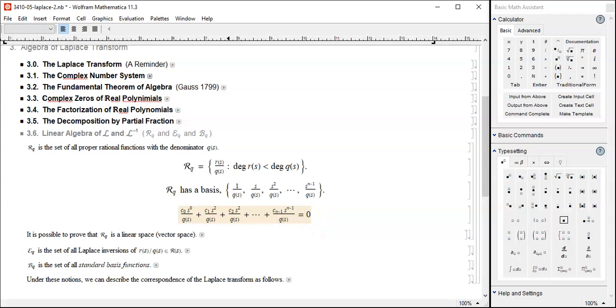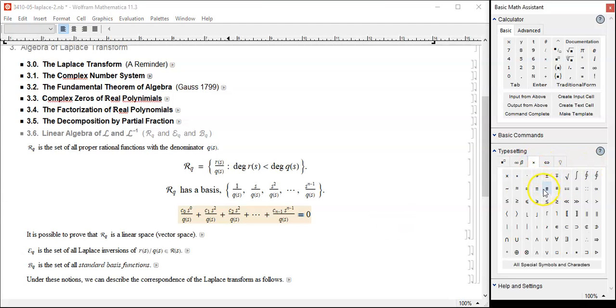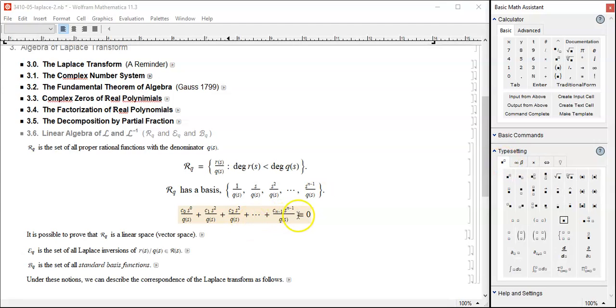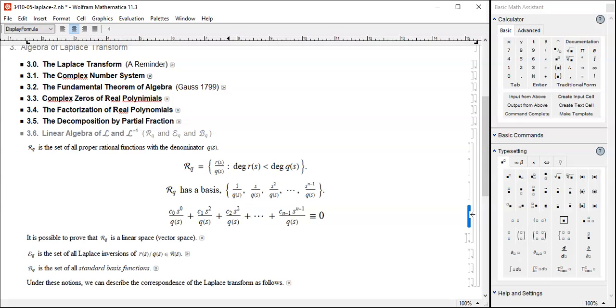But then again, equal to the 0 function, so we have to write, as a matter of fact, identically, constantly 0. Set up like this. Shall I expand the font a little bit? Okay, set up like this. But then again, denominators are all the same, so we can cancel these out, as a matter of fact.